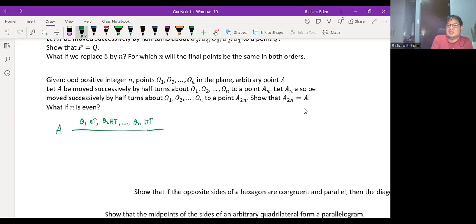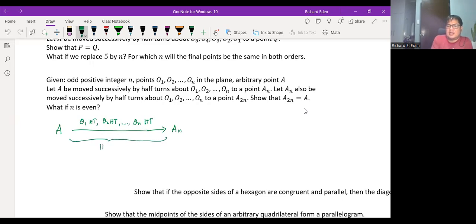What did you say the net result was when you do this odd number of half turns? Actually, when you do an odd number of half turns, what's the result? A half turn.